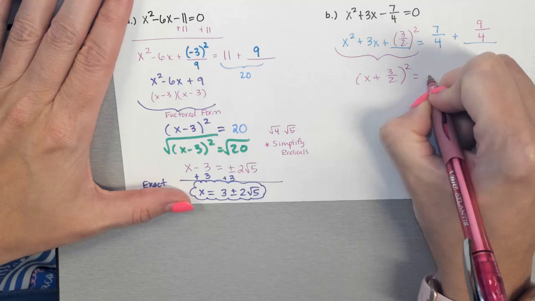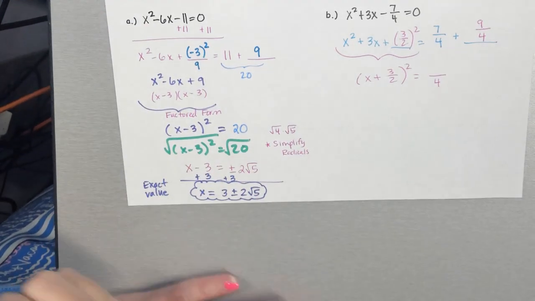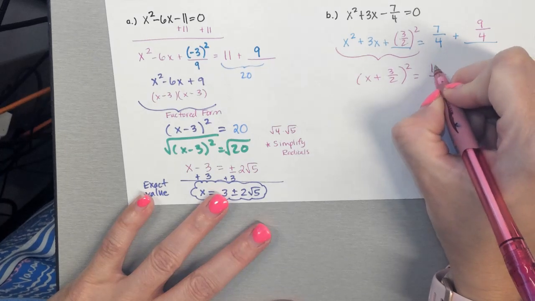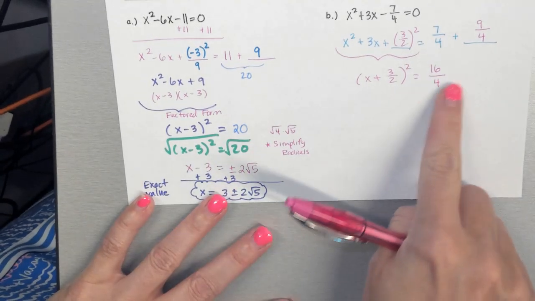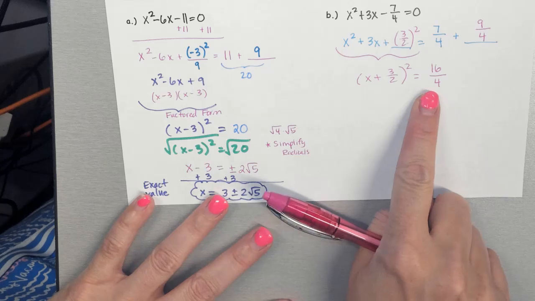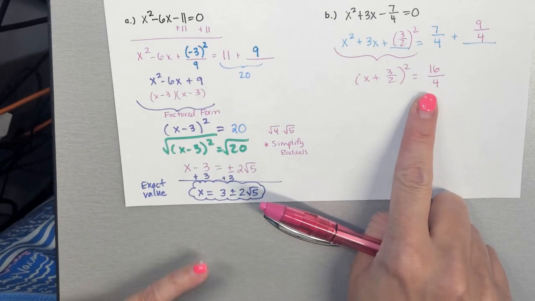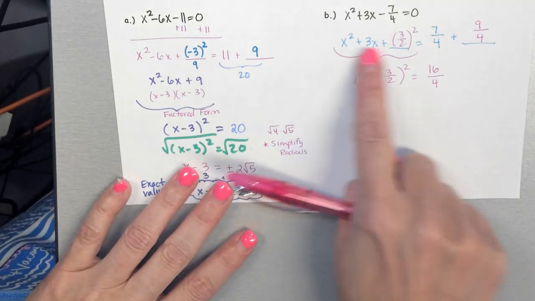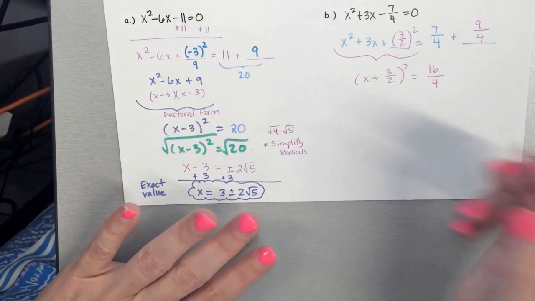Okay, and then whenever you are adding with a common denominator, the denominator stays the same, you add the top together. Okay, this does simplify to 4. If you get something that doesn't simplify, you would take the square root of the top and the bottom.